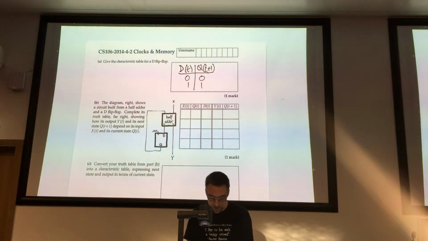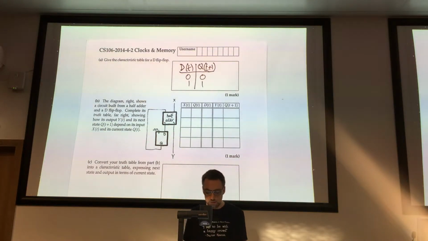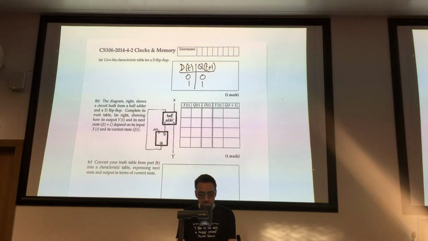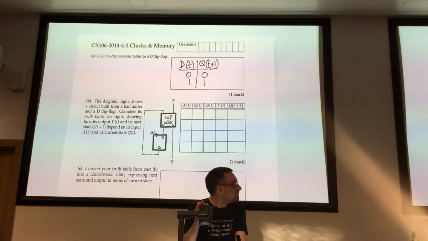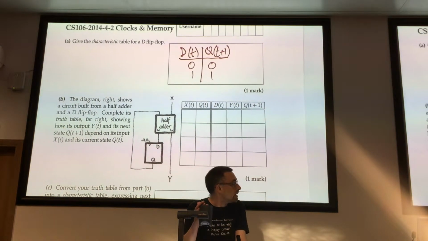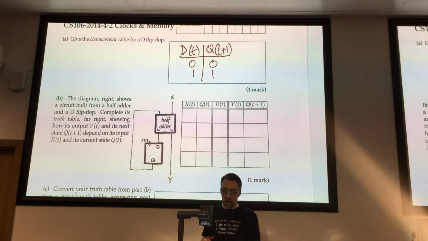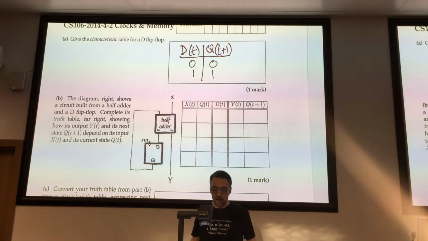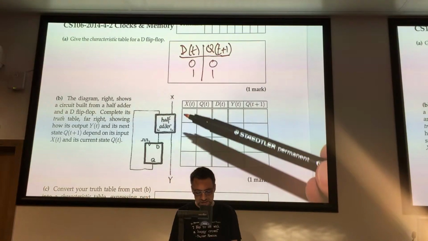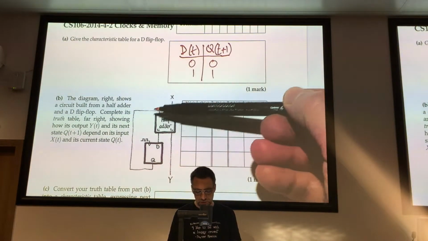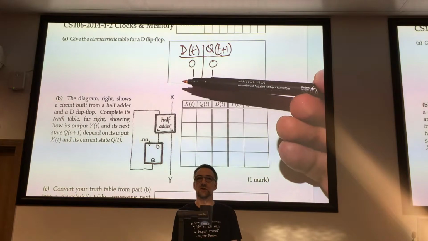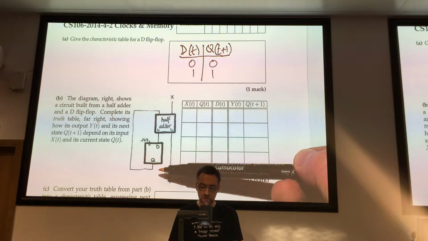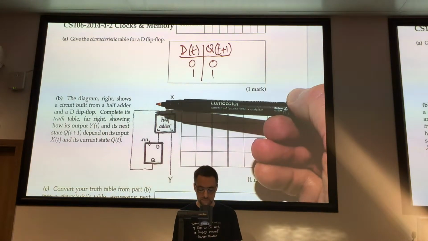Now, there we get this funny little diagram of a half adder connected to a D flip-flop. You can see the half adder gets two inputs, one of which is from this external source X, and the other of which is looped back from the flip-flop.